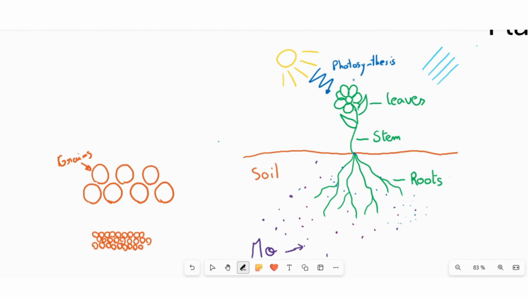And produces carbohydrates by using CO2 and other elements and nutrients that come from the root system.